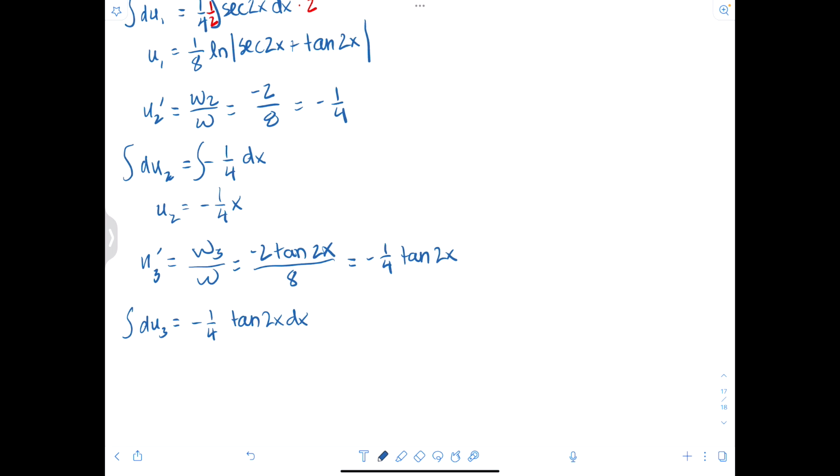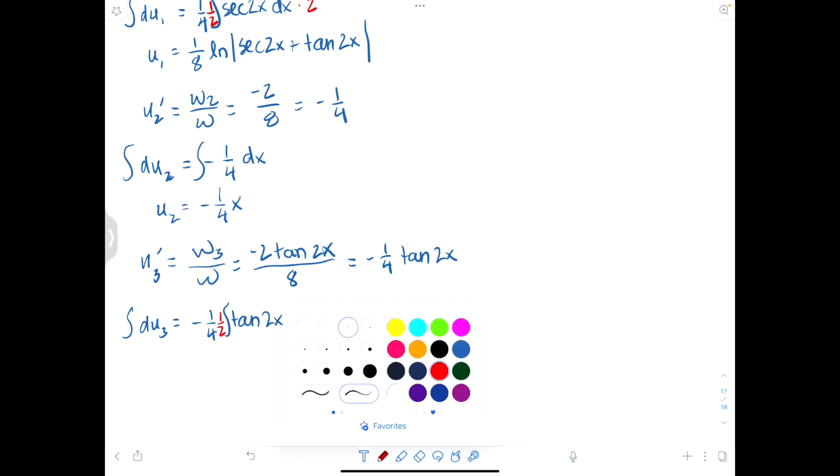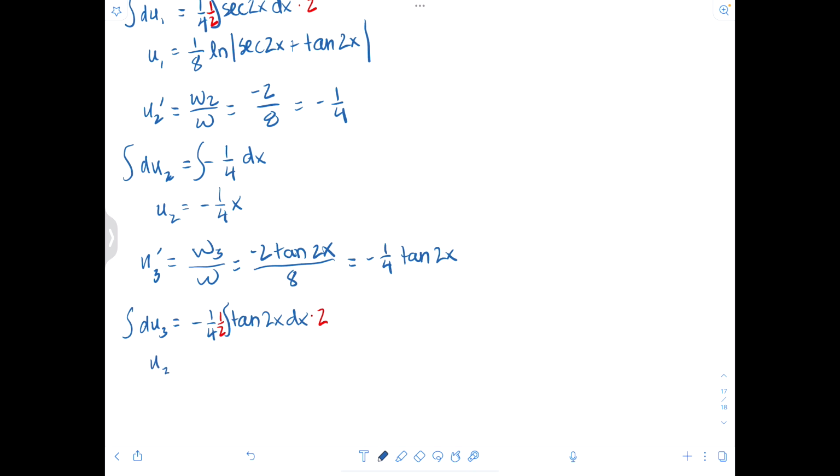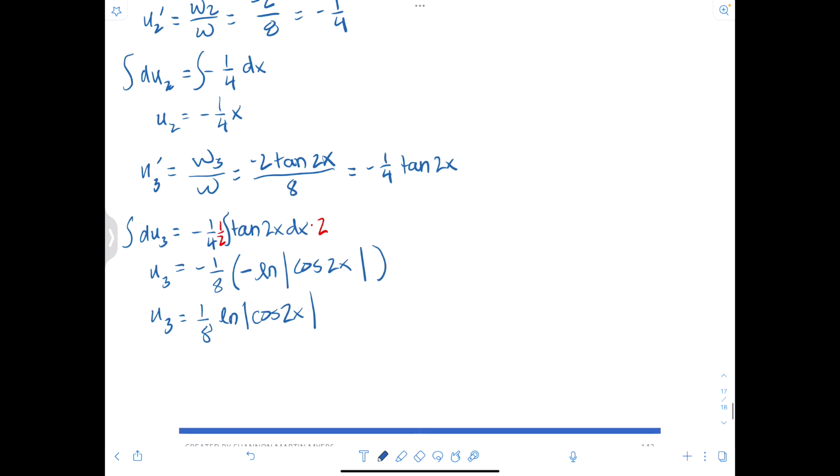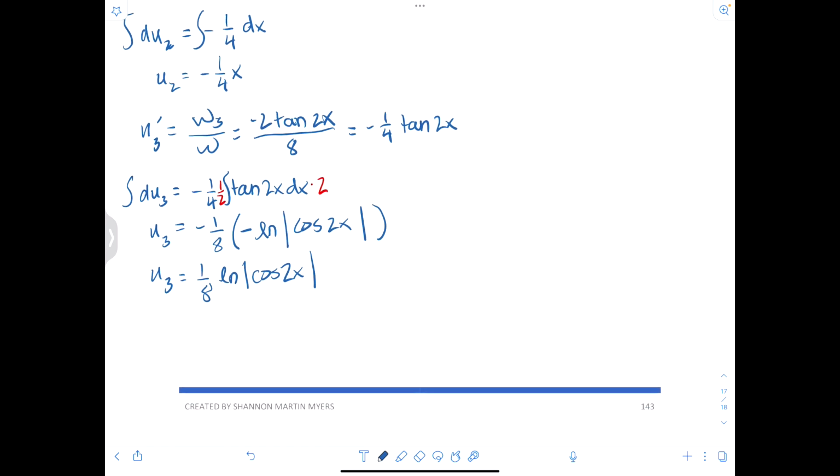Integrating, again, we need to balance this so that we can integrate just using pattern recognition. So u3 is equal to negative 1/8 times negative natural log absolute cosine 2x. And so that will end up being positive 1/8 natural log absolute cosine 2x. Wow, we're doing this thing, right?